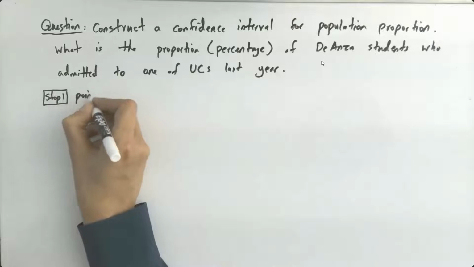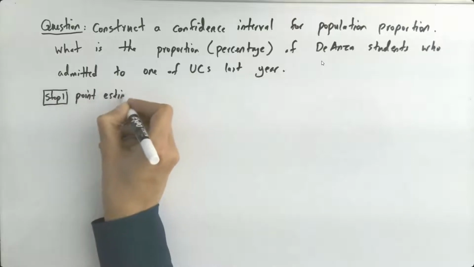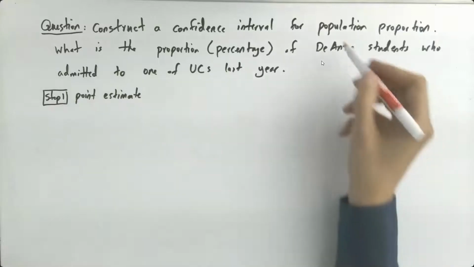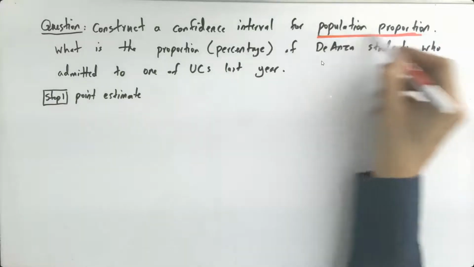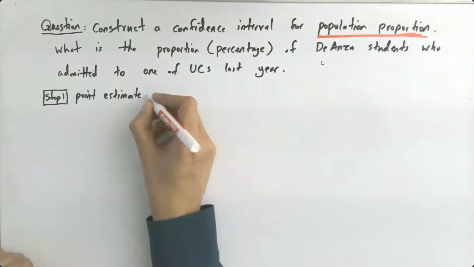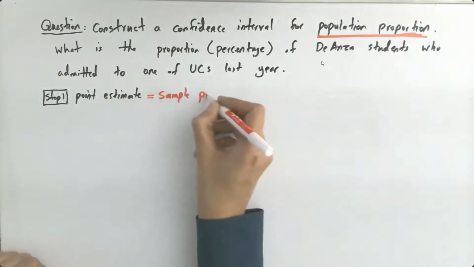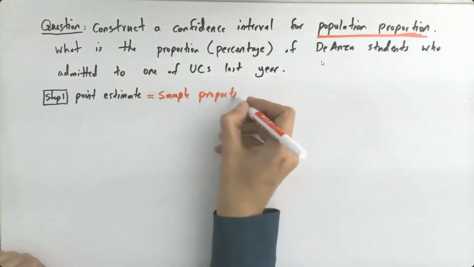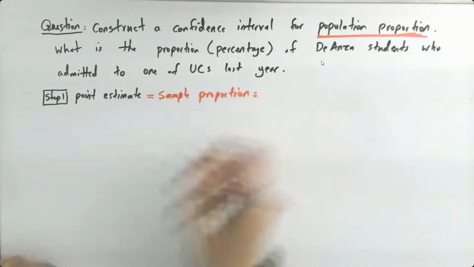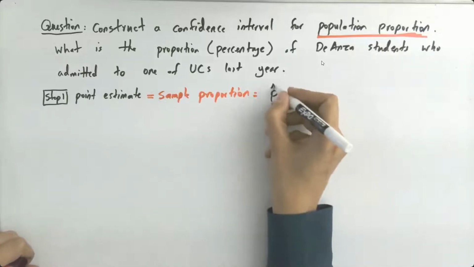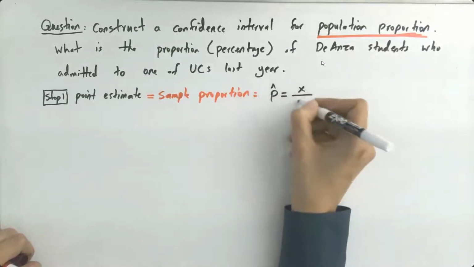Point estimate. The point estimate for population proportion is the sample proportion, denoted by p hat. P hat is equal to x over n.